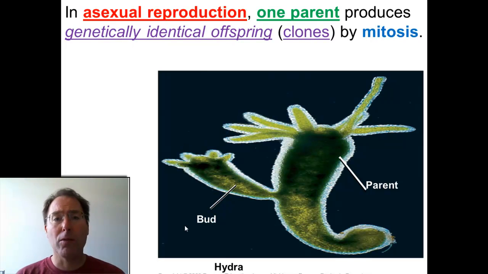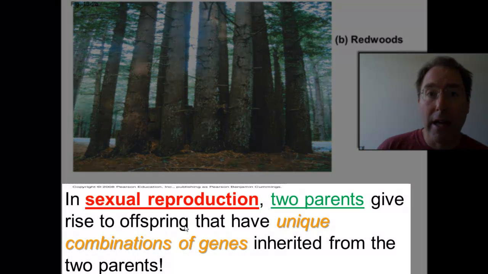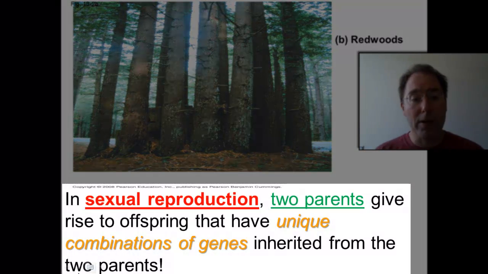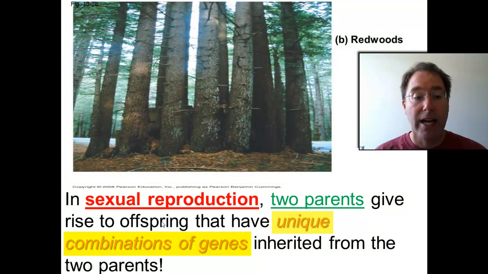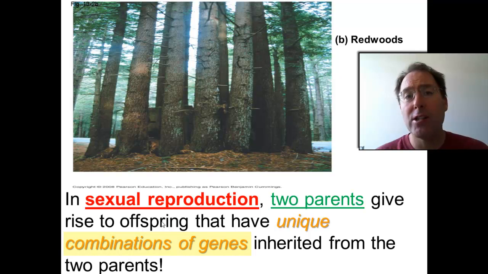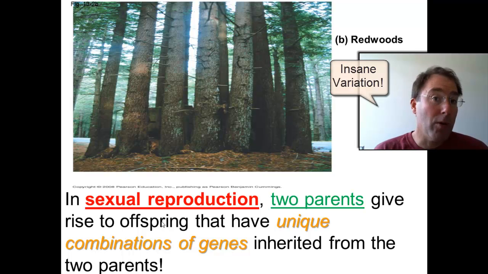I know it sounds cold, but variation is important, and meiosis, this whole process of creating these mixtures of all these genes, is important for that reason. The way this works is that two parents will give rise to offspring that have unique combinations of genes inherited from the two parents, and these combinations of genes will never be seen before or ever again in nature. It's pretty remarkable to think about.